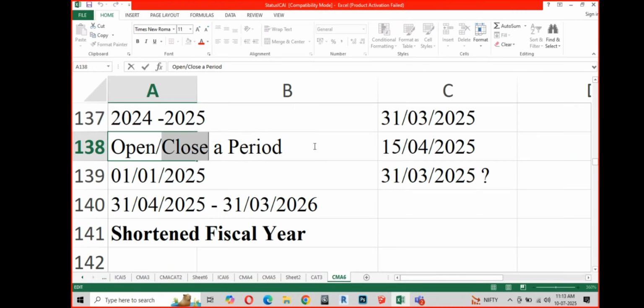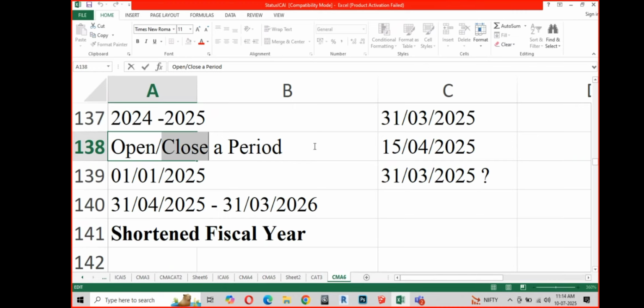Of course, there could be variations. Just hold on. Okay. Now, what could be the variations? Suppose the corporate office asks you to accommodate this particular transaction pertaining to April or May or June in the month of July, or even in the month of August. There is a concept of reopening that period only under the special circumstances.